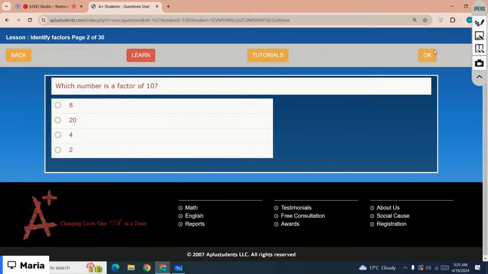Yes, that is just 2. 2 is the number that can evenly divide 10.